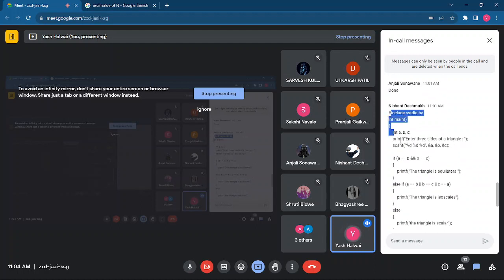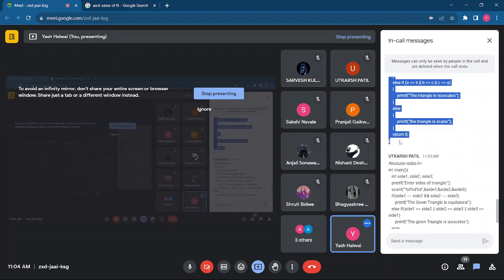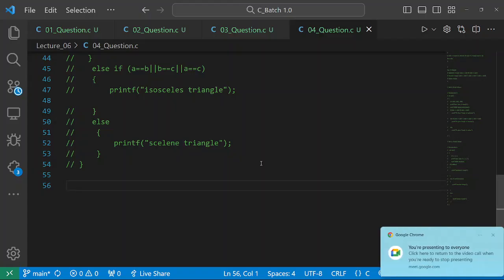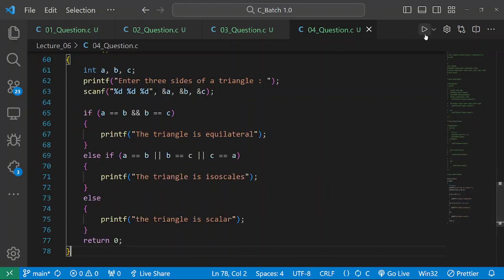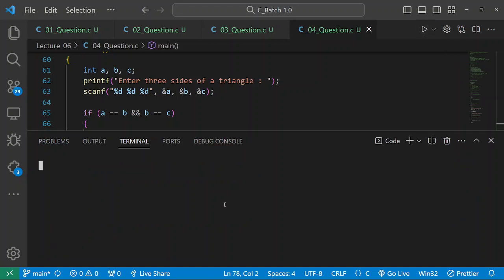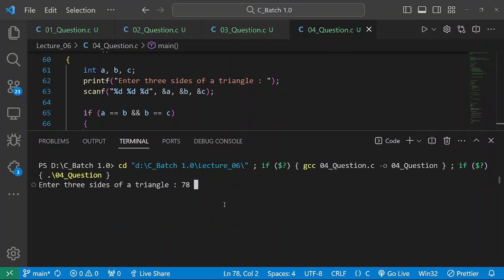Nishant has provided code. Let me copy it. Code by Nishant Deshmukh. So this is the code provided by Nishant. Let me run it. Let me write 78, 95, 45, scalene.